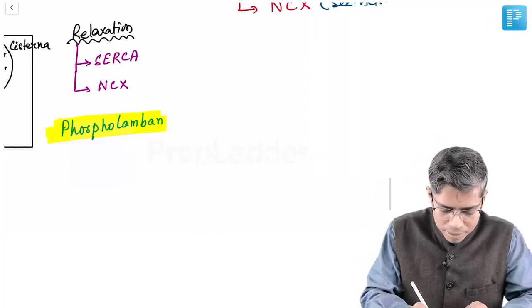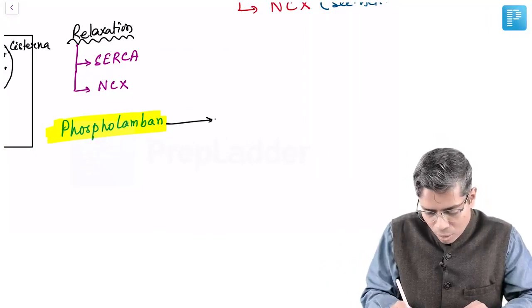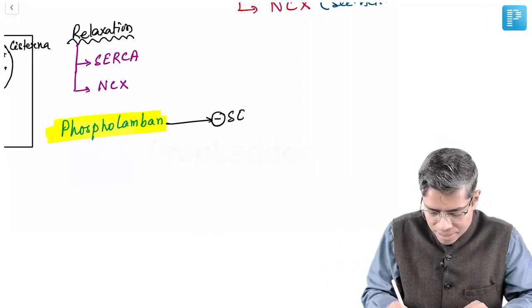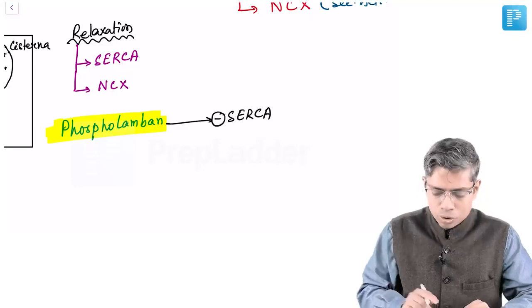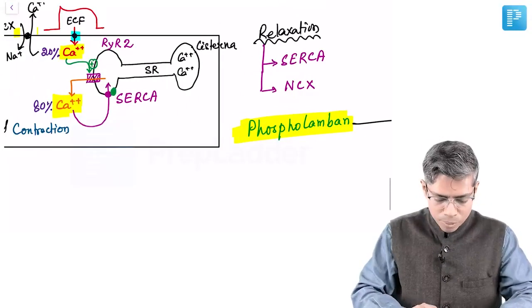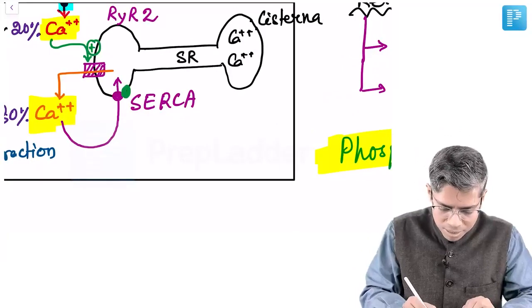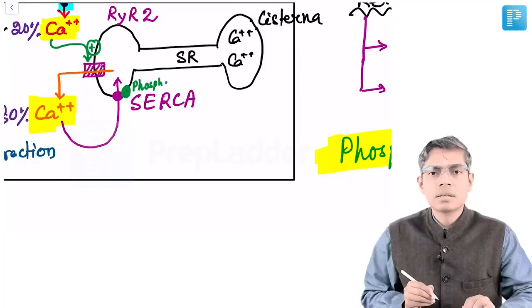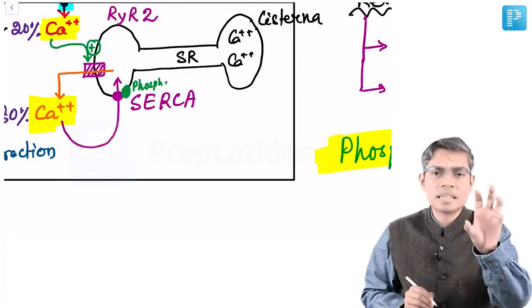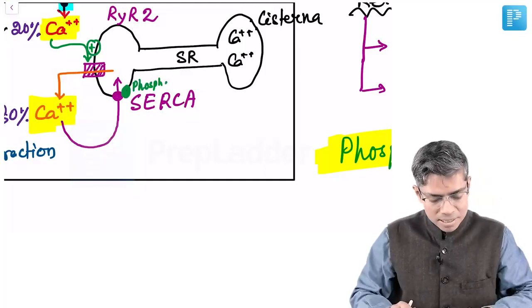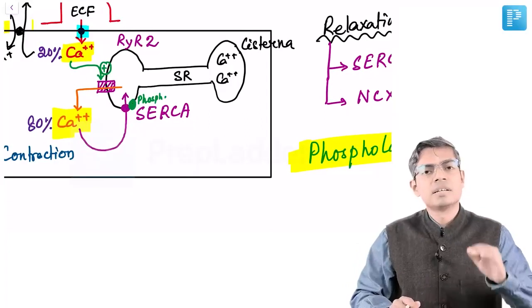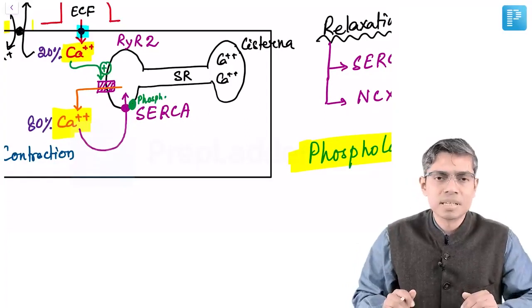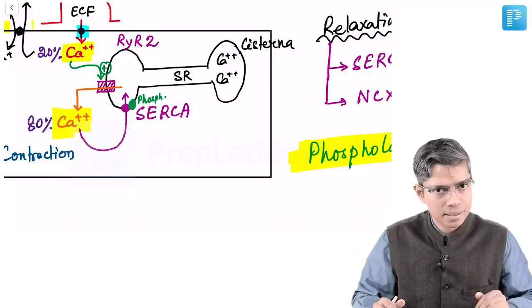The phospholamban is an inhibitor of SERCA pump. So normally when the phospholamban protein is located close to this SERCA pump, it is inhibiting the SERCA pump. If you are inhibiting SERCA pump, what will happen to your relaxation? Relaxation will be slower. Relaxation time will be increased, right?